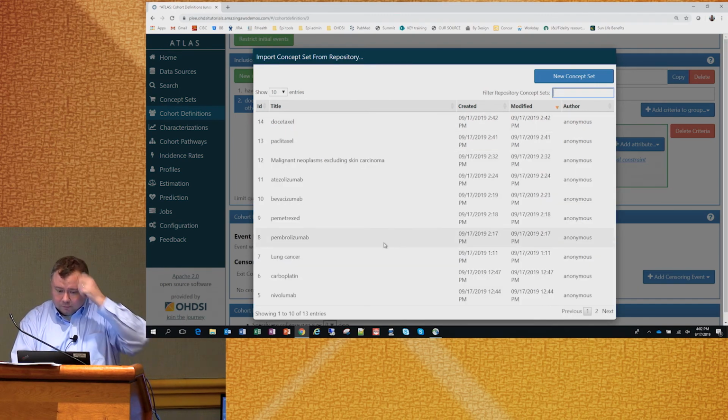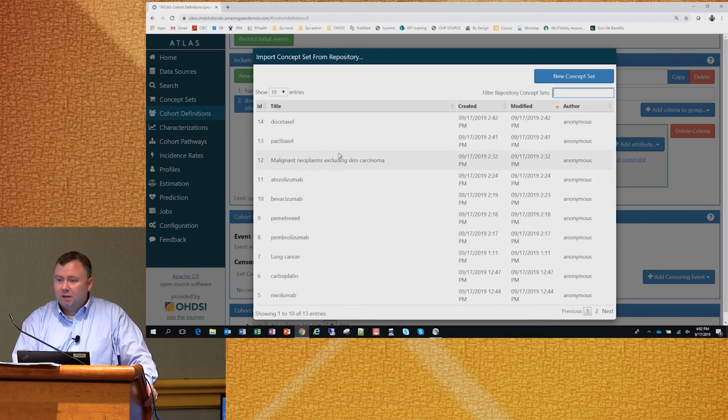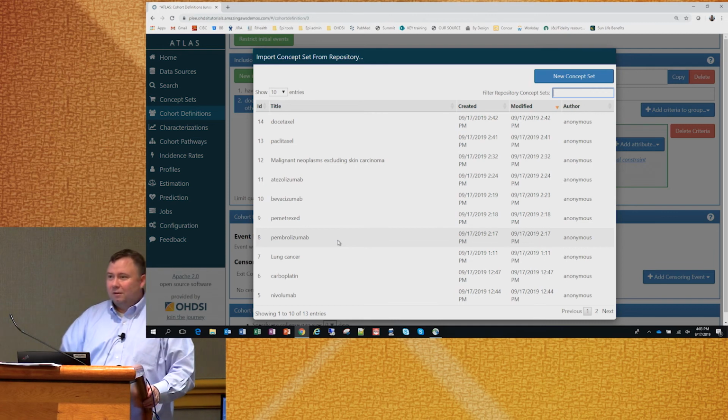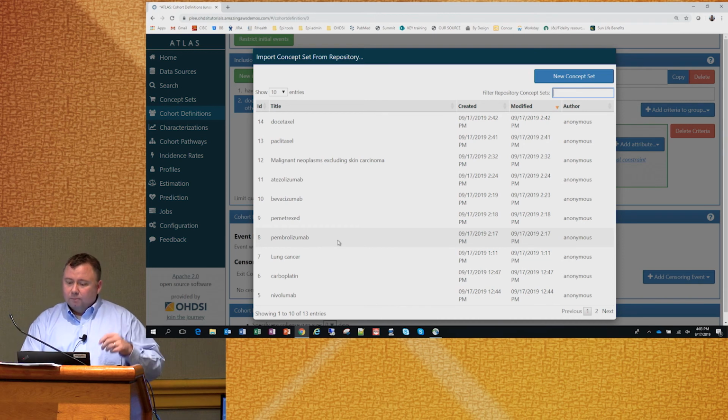So you can see I just created a few concept sets to get started. Based on the guidelines, I noticed that docetaxel, paclitaxel, atezolizumab, those drugs were ones that were listed and up to date as the set of treatments. Had I been smart about it, I probably would have created one concept set and put all of those things in one grouping, because I was doing them one at a time. I wasn't that smart.